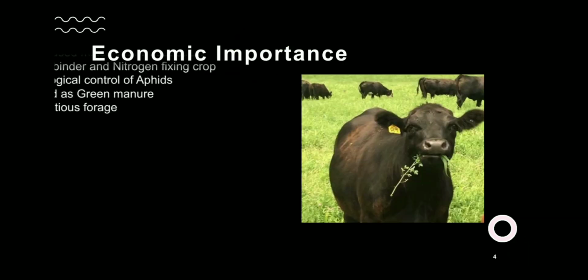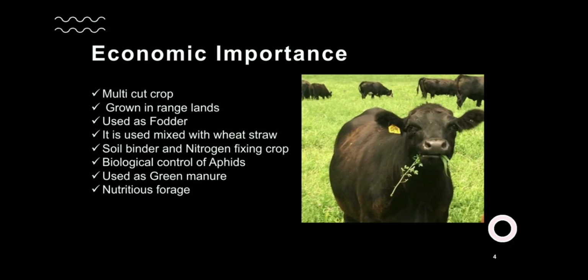Now we will discuss the economic importance of clover. It is a multi-cut crop. It can be cut 2 or 3 times, and in irrigated fields the optimal cutting interval was found to be about 6 to 9 weeks in the growing season. It can be grown on open rangeland for grazing purposes.